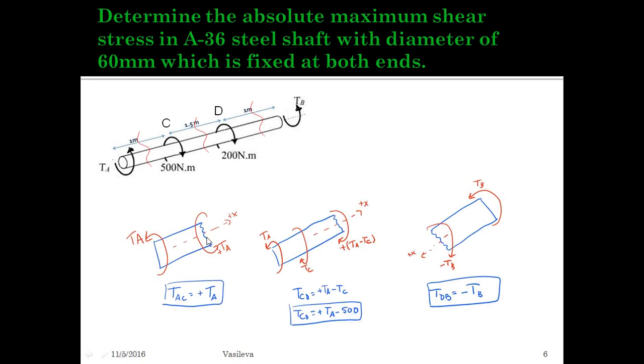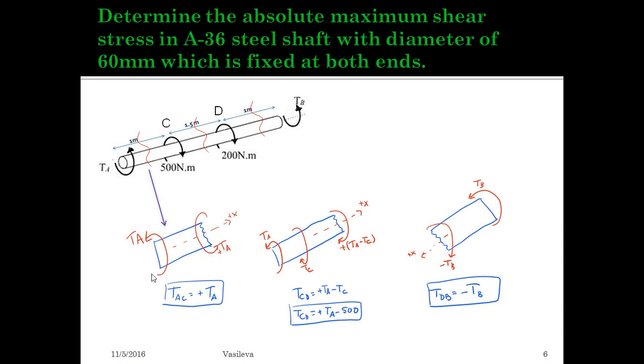Okay, this is very important. We're going to start off with section AC. I cut the section and look at everything to the right of the cut. When I cut it, I have my TA, and remember that at the surface where you cut, everything outward from that direction is in the positive X. So if you point your thumb outward and curl your fingers, the positive convention goes this way.